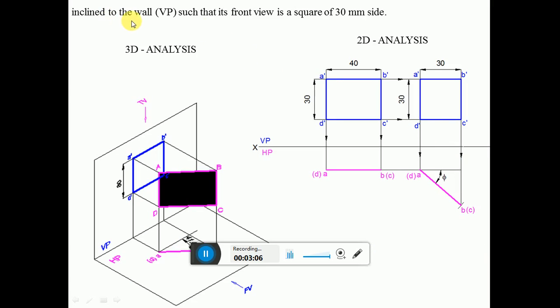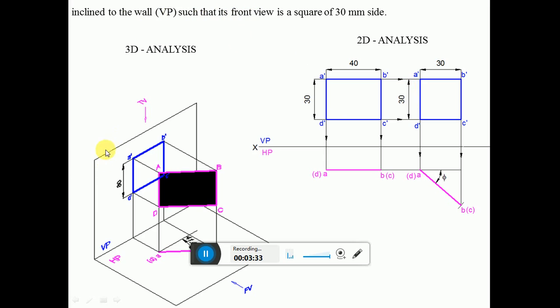It is inclined to the wall, that means to VP, such that its front view is a square of 30 mm side. Here the inclination of the surface with respect to VP is not given, but he has given the front view. Normally they give the inclination, and for that we have to draw the front view. But here he has not given the inclination, but he has given the front view.